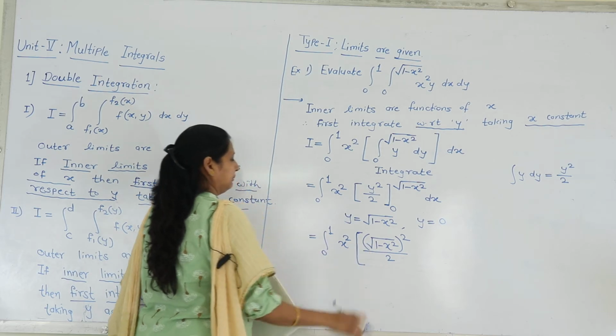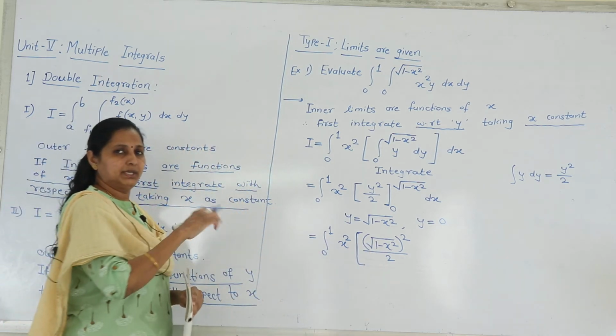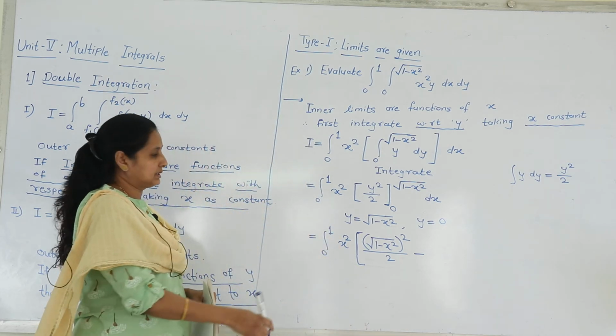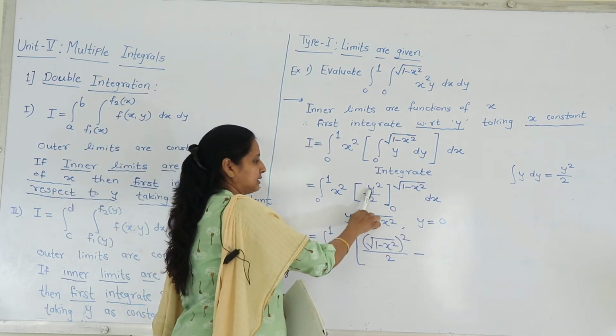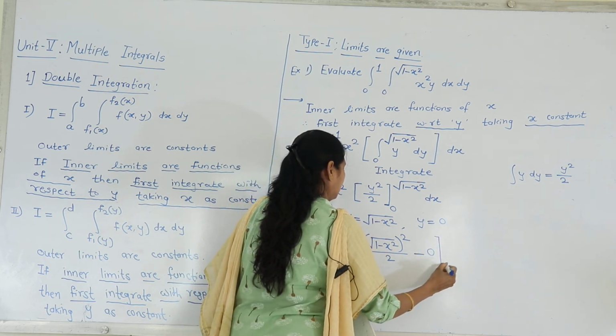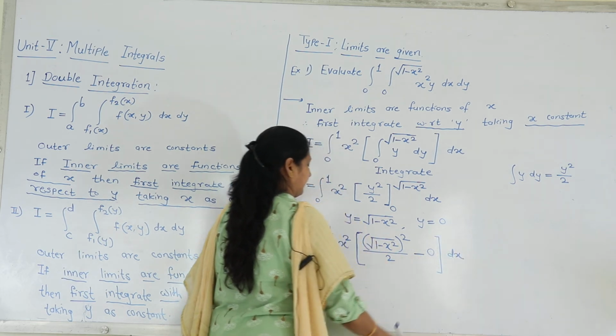This is for the upper limit. Upper limit minus lower limit, the value of y is 0, so the lower limit becomes 0, and dx as it is.